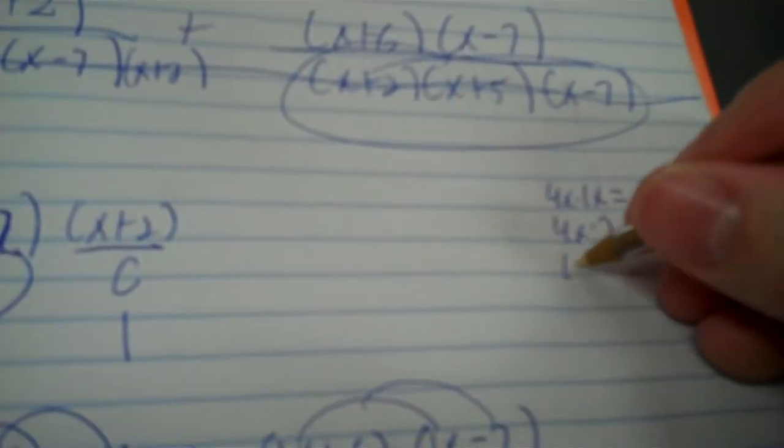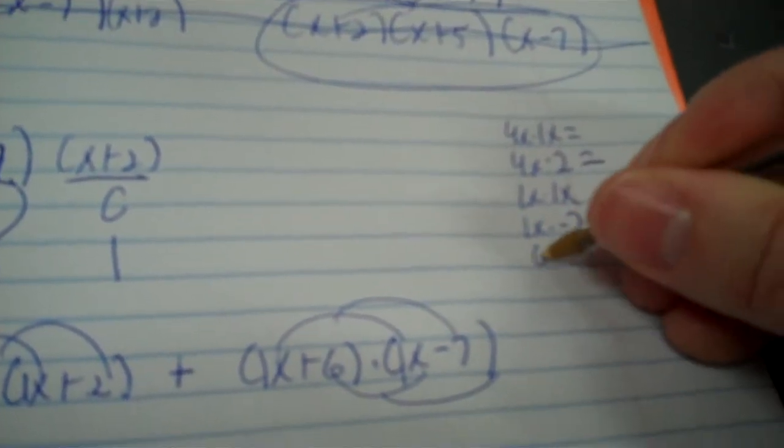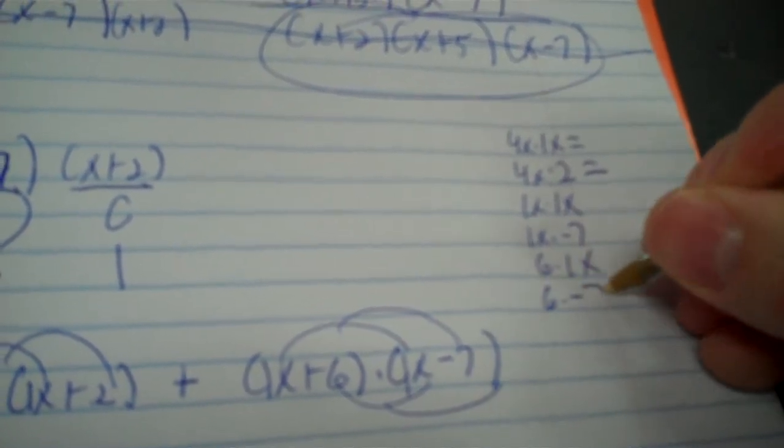Then we're going to take 1x times 1x, 1x times negative 7, 6 times 1x, and 6 times negative 7. So that's 4x squared, that's 8x, that's 1x squared, that's negative 7x, that's 6x, and that's negative 42.